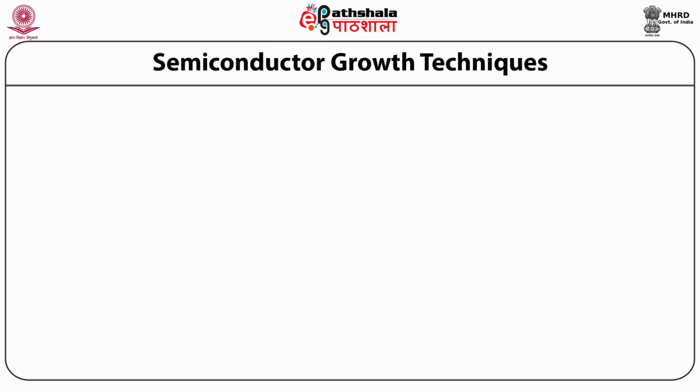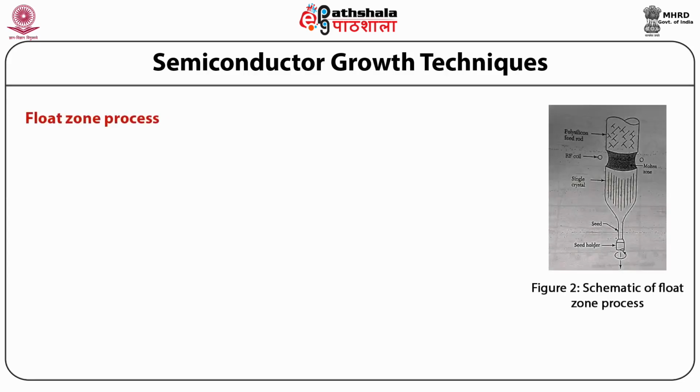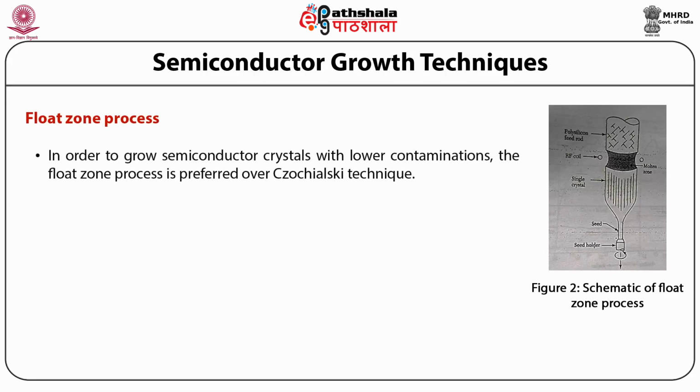Let us now discuss the second method, that is the float zone process. So, in order to grow semiconductor crystals with lower contamination, the float zone process is preferred over the Czochralski technique.